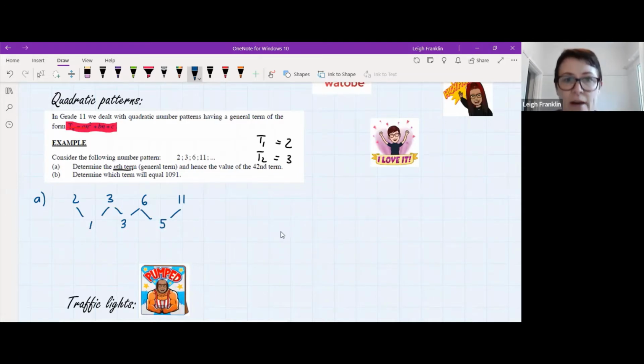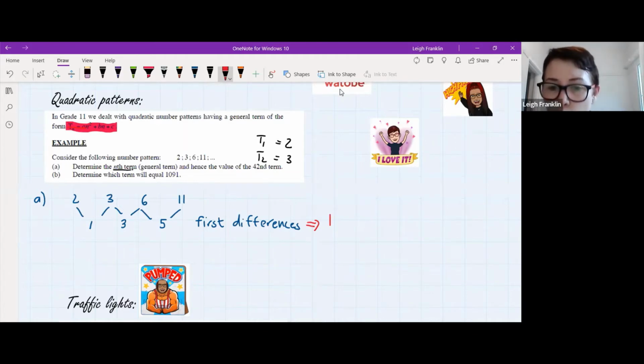So this row over here is called our first differences. And it is always what sort of pattern, Latabo? Your first differences is always what sort of pattern? I don't know. You don't know, that's fine, that's why you're here.